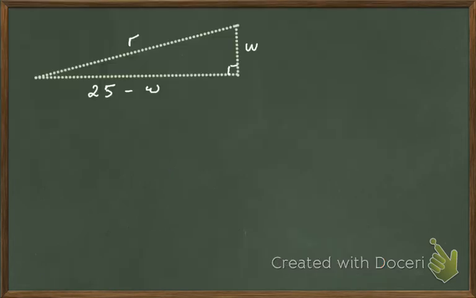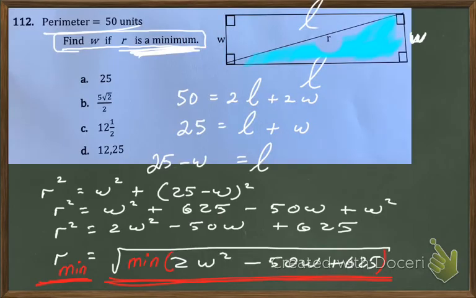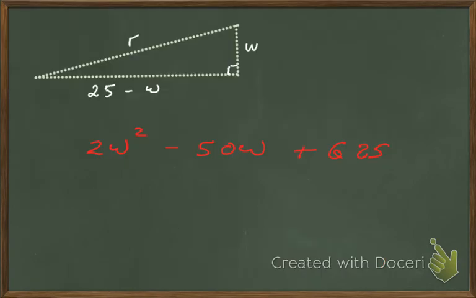Now, if you write that expression down again, that is 2W squared minus 50W plus 625, that is a quadratic expression, and you can write that as a parabola.